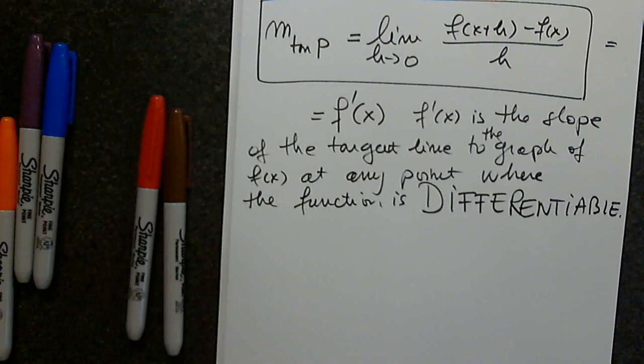So f prime of x is the slope of the tangent line to the graph of f of x at any point where the function is differentiable.